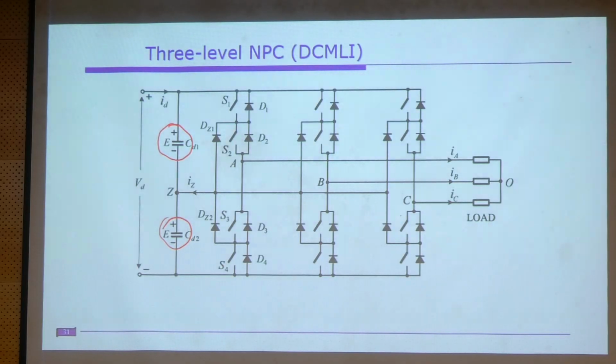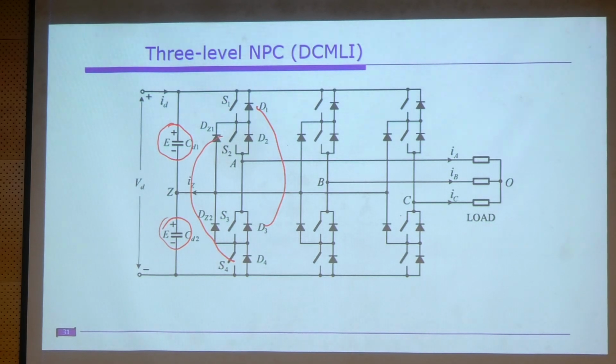The point is that S1 and S3 are complementary, and these two are complementary here. So when S1 is on, S3 is off. At a time both can be off, that is allowed, but both should not be on.